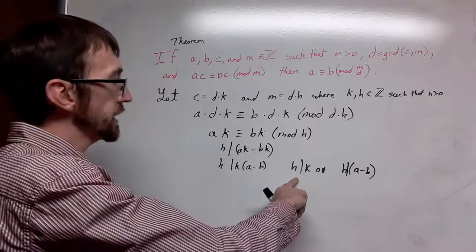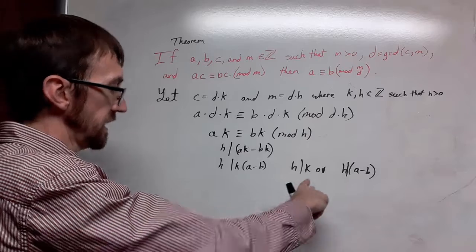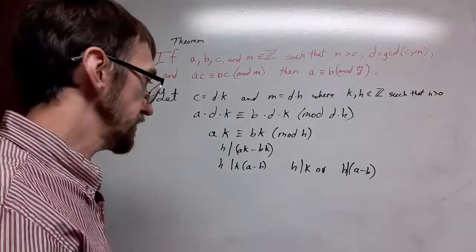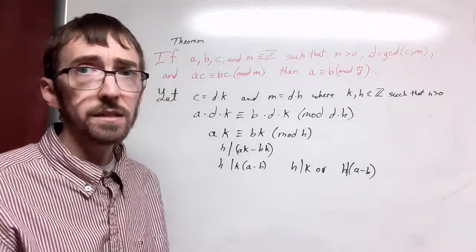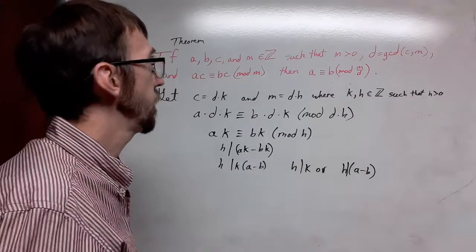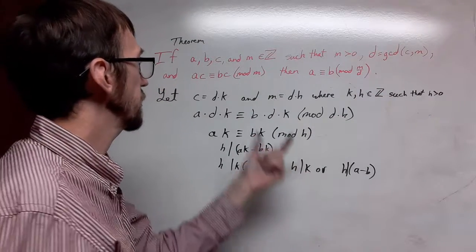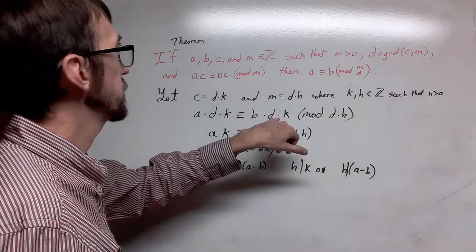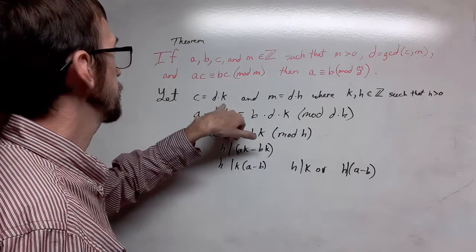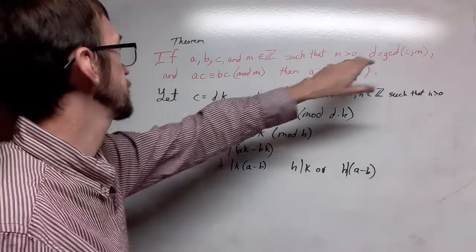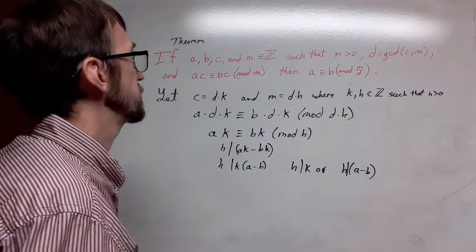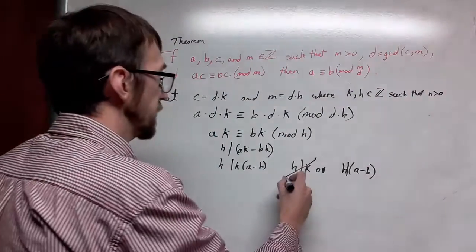But h can't divide k. Why can't h divide k? H can't divide k because d was the greatest common divisor here. So k was a factor of c. So if h divides k, then that means that d wouldn't have been the greatest common divisor. So this is not a possibility.